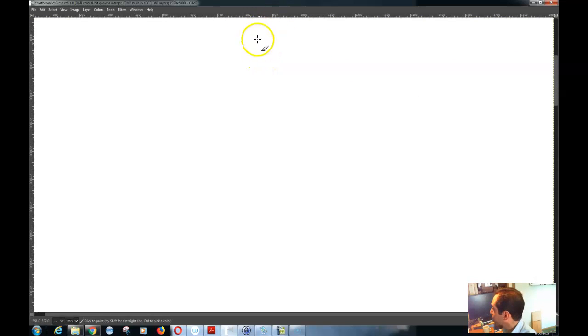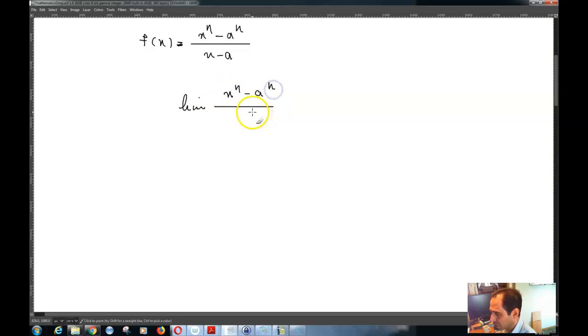So let's say your f of x is equal to x raised to the power n minus a raised to the power n over x minus a. I think we had something like this. There was a limit that we had, which was basically the limit of x raised to the power n minus a raised to the power n over x minus a as x tends to a.